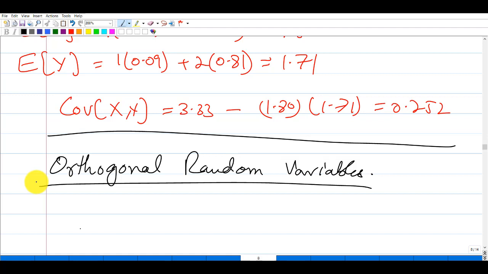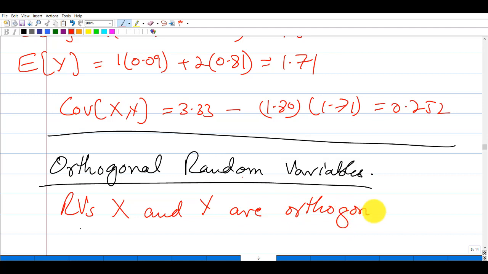So we say that these two vectors are orthogonal. So in random variables, we say that random variables X and Y are orthogonal if their correlation is 0.